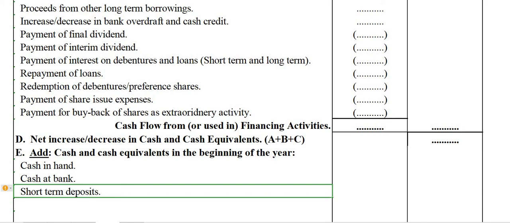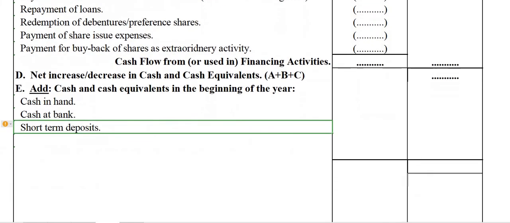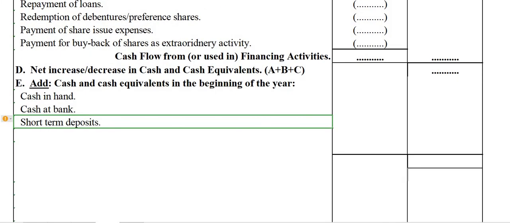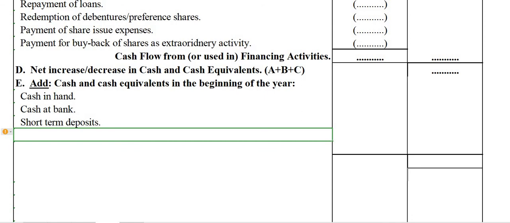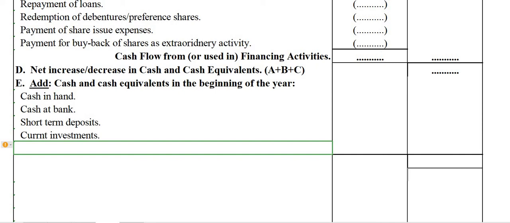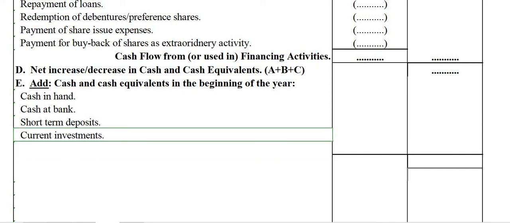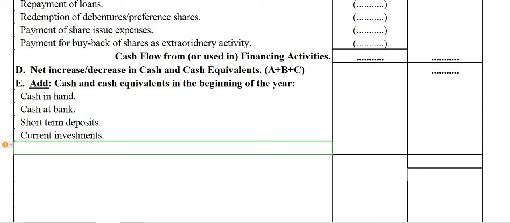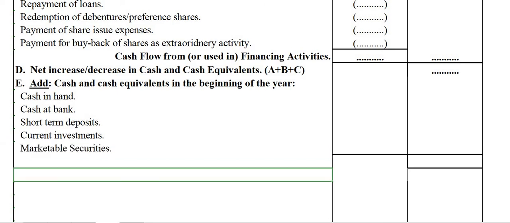This is cash equivalent, not cash. At any time it can be converted into cash. Then current investments, otherwise called marketable investments, then marketable securities. The last three items are examples of cash equivalents.